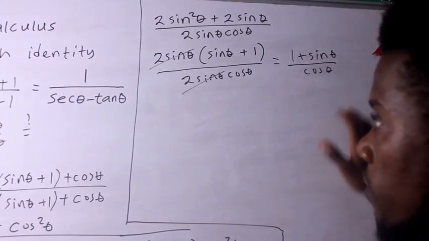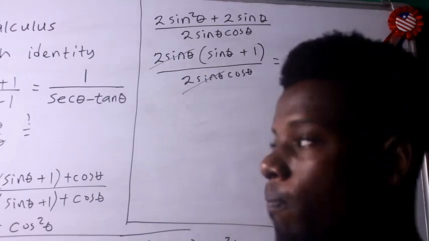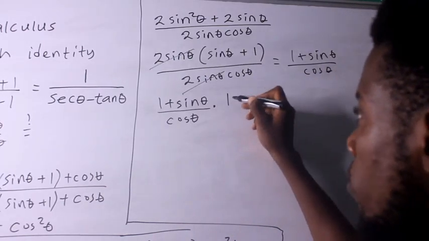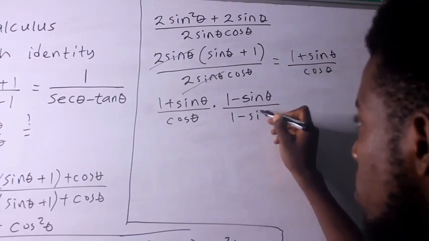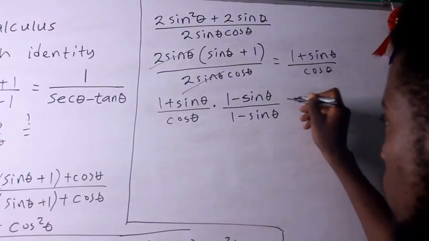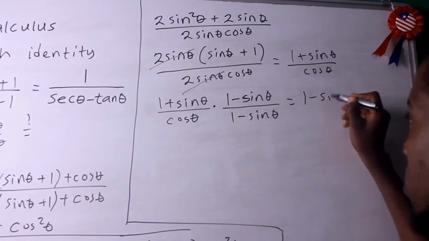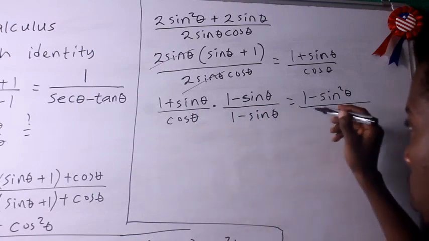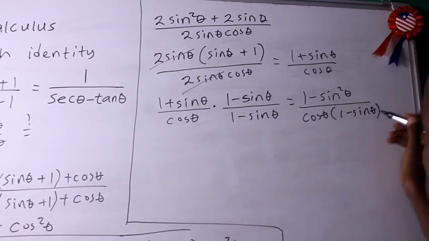And if we want to get something like the expression that we are told to prove, we have to rationalize the numerator here. The numerator, we multiply this side by 1 minus sin theta, all divided by 1 minus sin theta. So we multiply 1 times 1, that is 1. Sin theta times negative sin theta, that's minus sin square theta, all divided by, multiply this, we have cos theta times 1 minus sin theta.